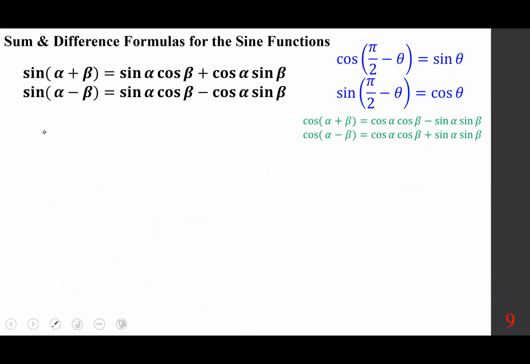So we want to prove the sum and difference formulas for the sine function, and we are going to use what we just established. I want to go with sine of alpha plus beta, and I'm going to use this. I want sine of theta is cosine of pi over 2 minus theta. What if I let theta or x represent alpha plus beta?